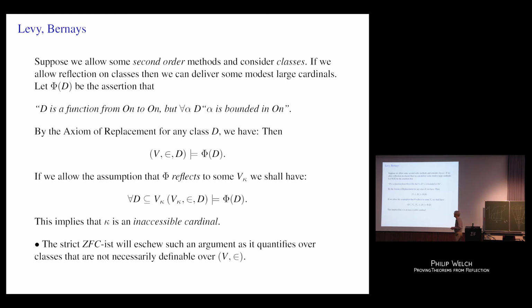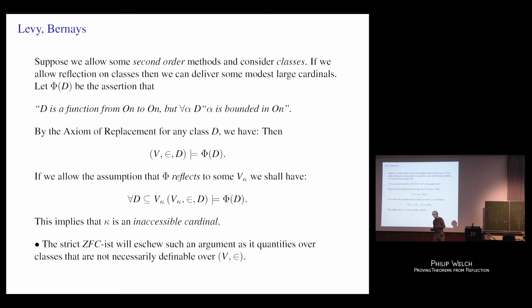What they would do is reflect this situation down to some initial segment of the universe. So for any D, we have this holding. Reflecting this, at some initial segment V kappa, for any D, we have this holding as well.